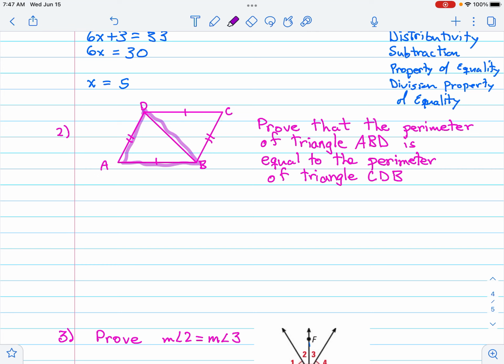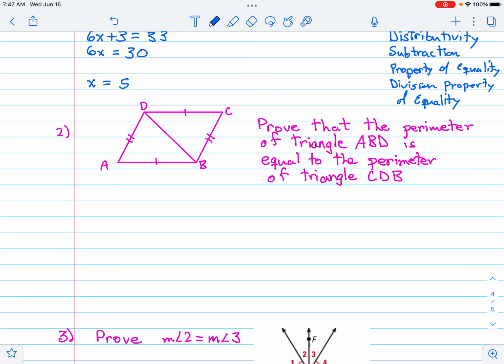What you're getting in your mind is, what does perimeter mean? It means that I add up each side. So I need to show that both triangles have corresponding sides equal in length. Let's see how this would go.